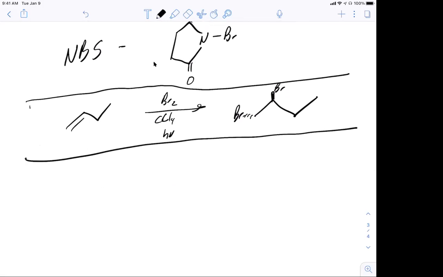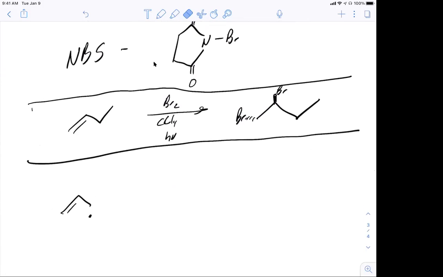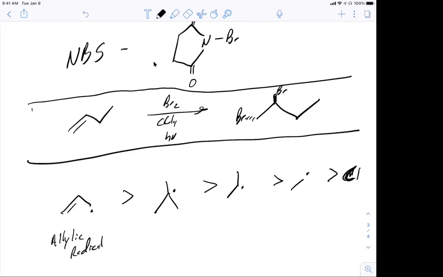The other thing that we need to realize is that the allylic radical is actually slightly more stable than the tertiary, which is more stable than the secondary, which is more stable than the primary radical, which of course is more stable than the methyl radical.